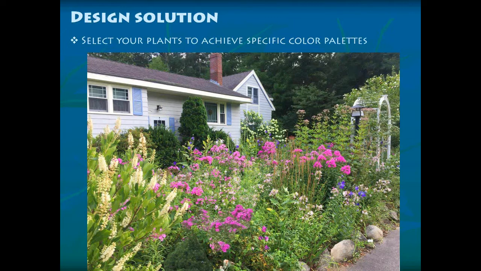There's a calamagrostis in there, which is not native, but almost everything else is. There's Joe Pye weed, garden phlox. How many people knew that garden phlox is a Native American plant?